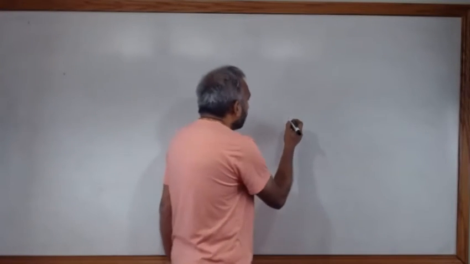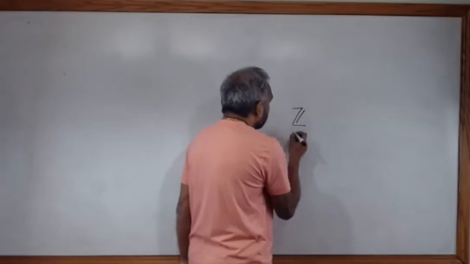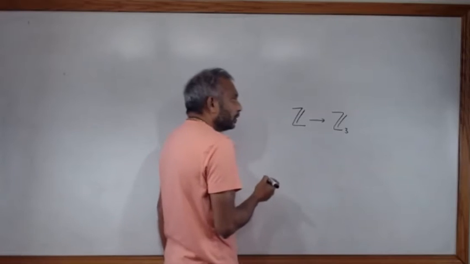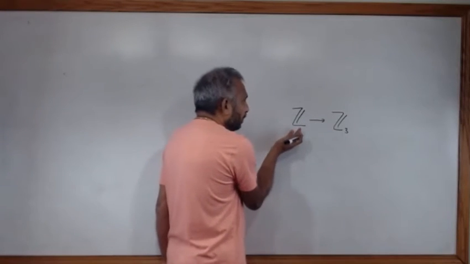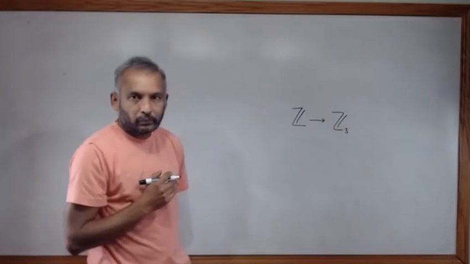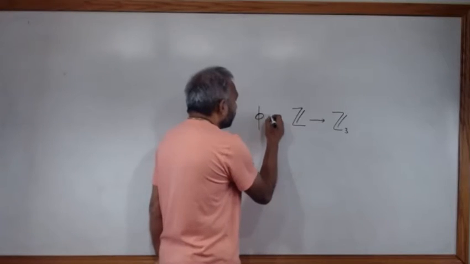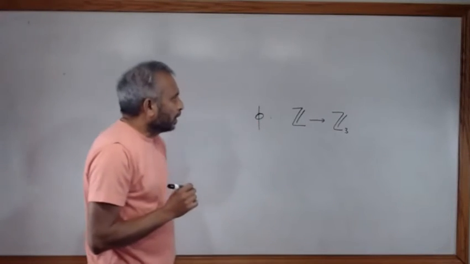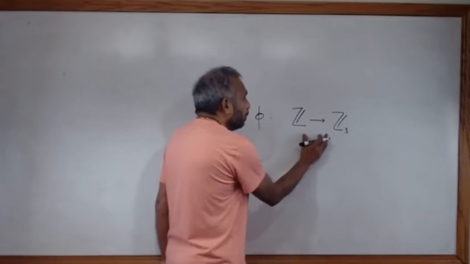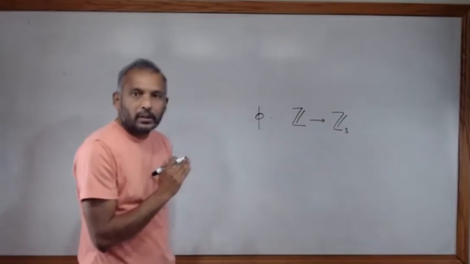Like you can define a homomorphism from Z to Z3. So this is a totally infinite set, and this is a finite set of order 3. But still we can define a homomorphism from Z to Z3. All we are interested in this case is to make sure that the elements in two groups behave similarly.